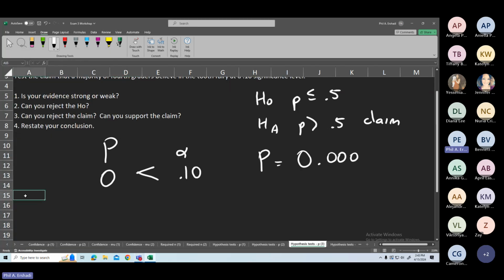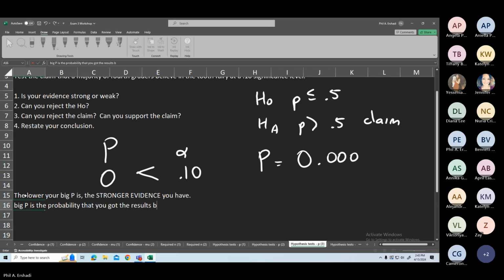So the lower your big P is, the stronger evidence you have. Big P is the probability that you got the results you did by accident.